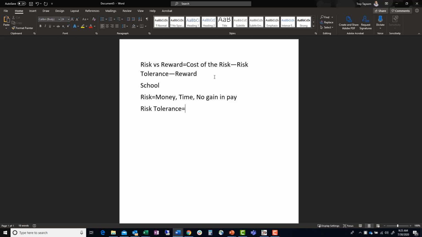Now, my risk tolerance was high for both my bachelor's and my master's. The reason it was high for me was because I had started college in 1986 and I was a poor student.